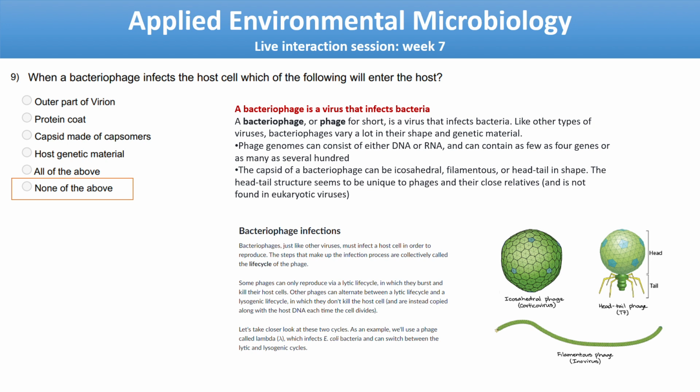So basically this bacteriophage has a capsid which has icosahedral symmetry, or it can be filamentous in shape, or it can have a head and tail shape. So over here you can see the three different physical characteristics of the bacteriophage.